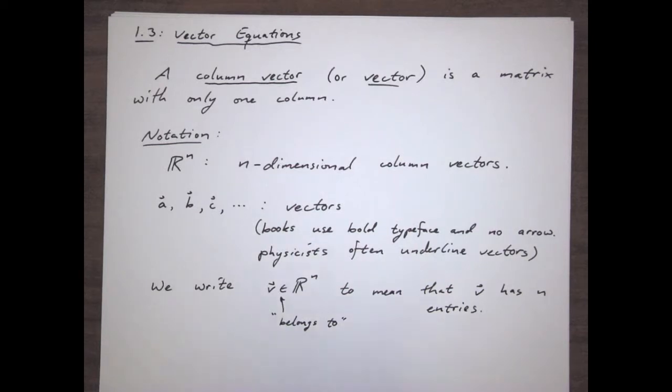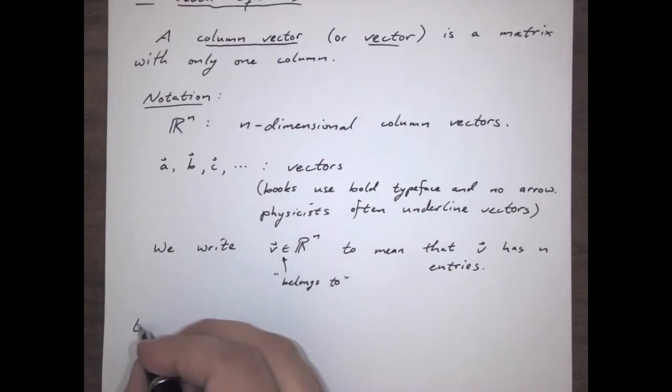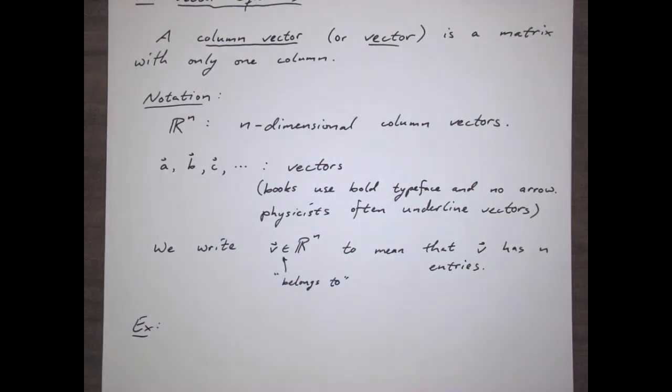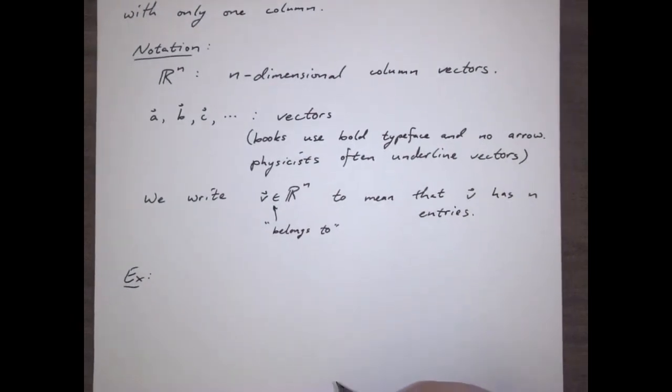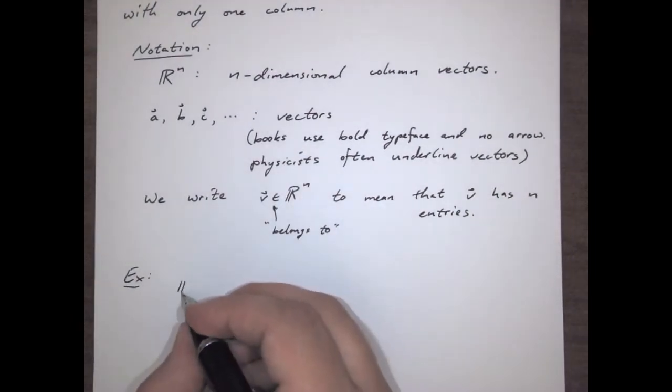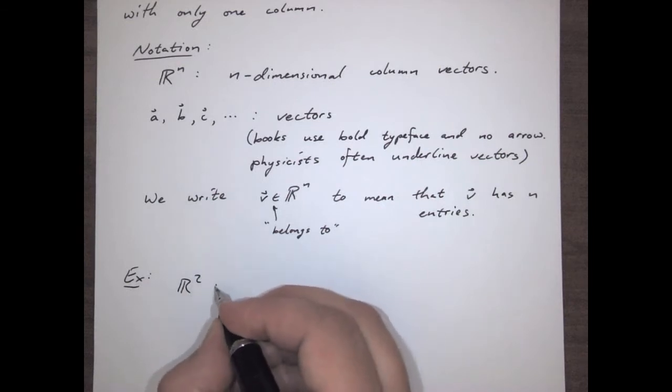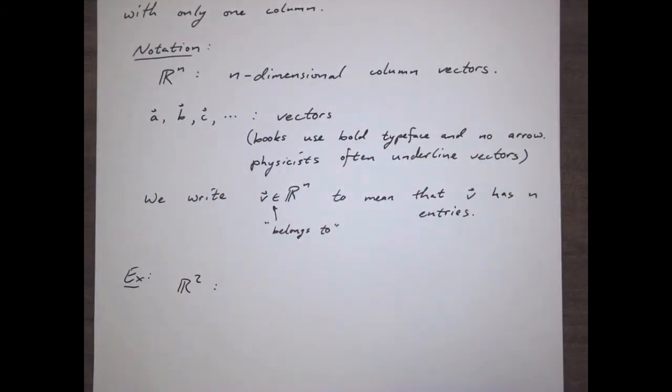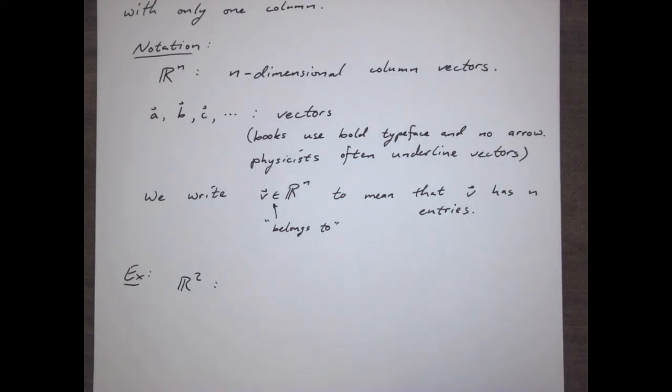Alright, and so then, just so that we're all on the same page here, examples of things we could say. R2 and R3 will be the ones that we will frequently default to because those are the ones that we're most familiar with from most of the geometric sides of things.